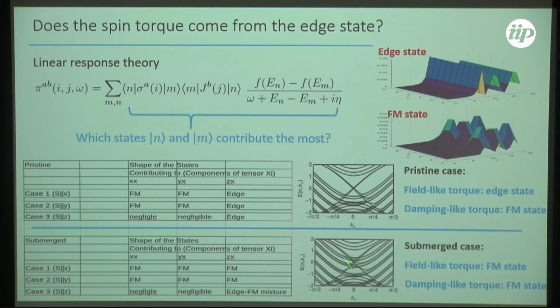For the submerged case, where the Dirac cone is no more, as you expected, you can't even identify the edge state anymore, and all the wave functions that contribute the most to this response function are more ferromagnetic states.